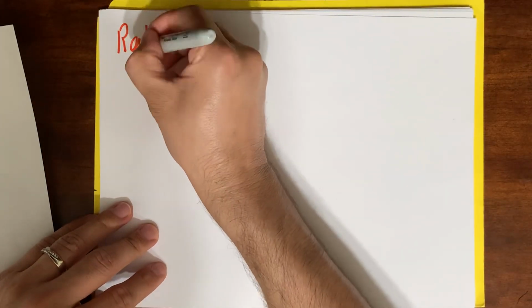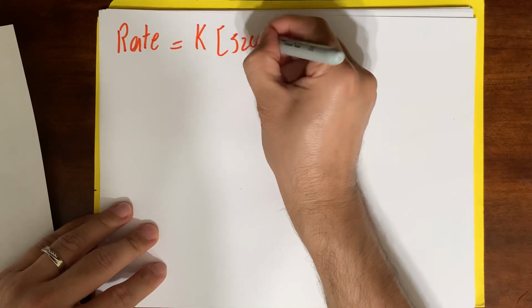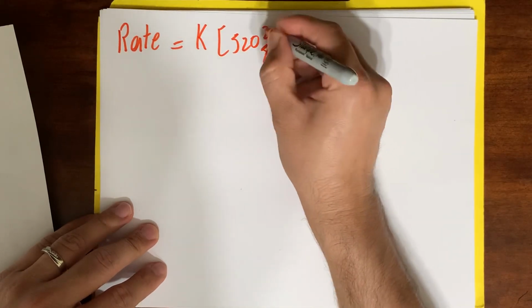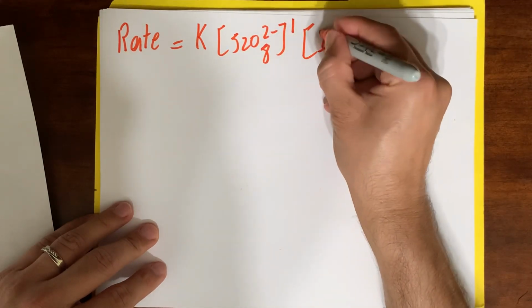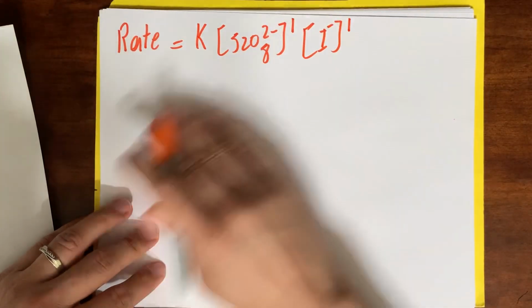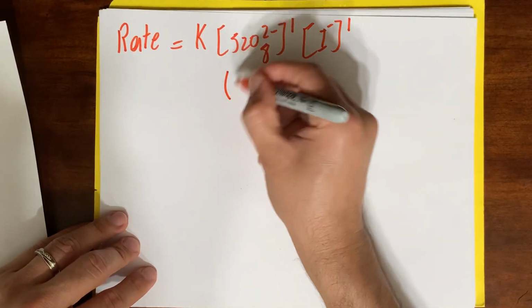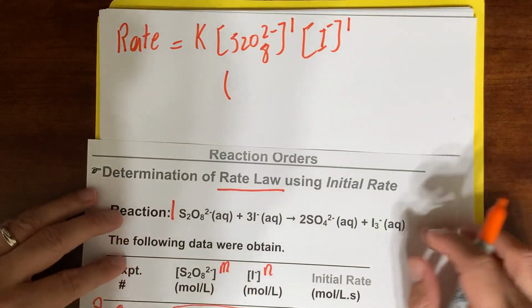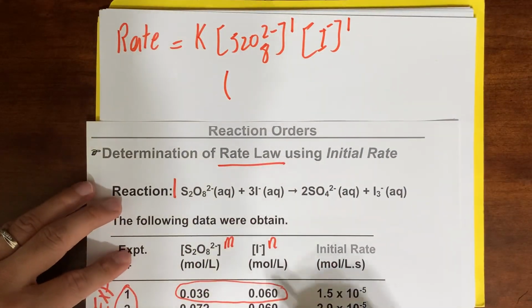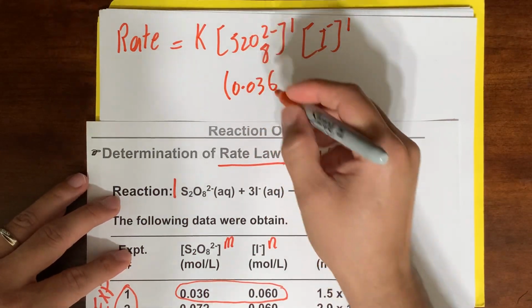I have the rate law is equal to K multiply S2O8 to the power of minus 2, to the power of 1, multiply iodide to the power of 1. This is my rate law. From the first experiment, I have the concentration for S2O8 is equal to 0.036.